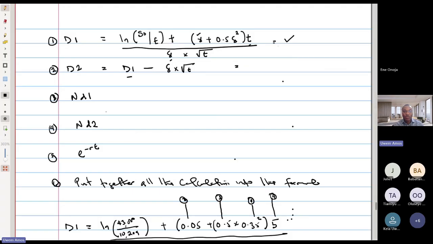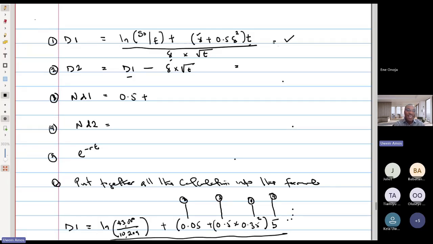Now pay attention to this. The normal distribution table we have in our ICAN pack is a one-tail normal distribution table. So we need to make some adjustment to it. What adjustment do we make? If our D1 is a positive value, we do 0.5 plus whatever we read from the normal distribution table.